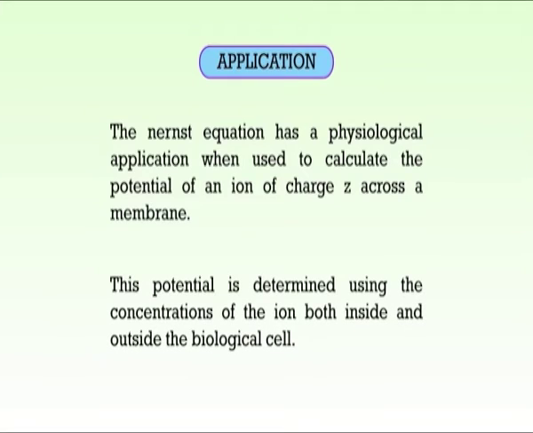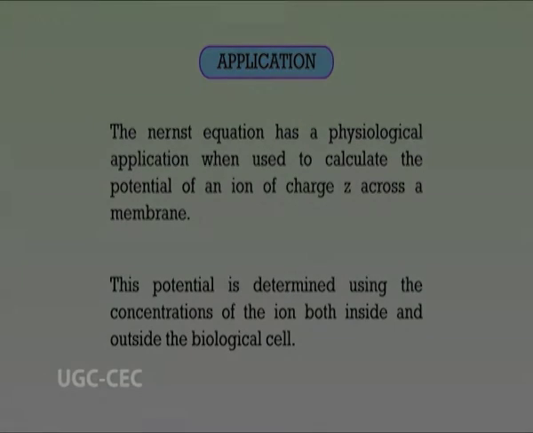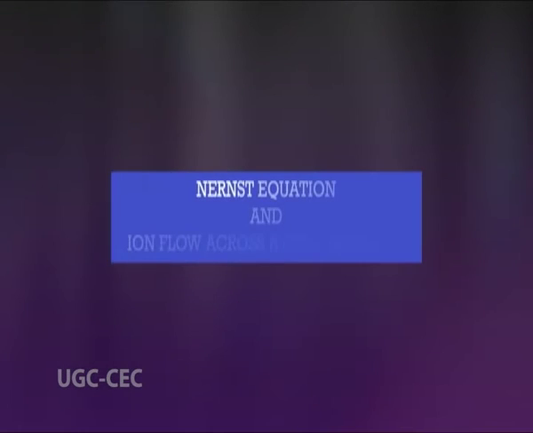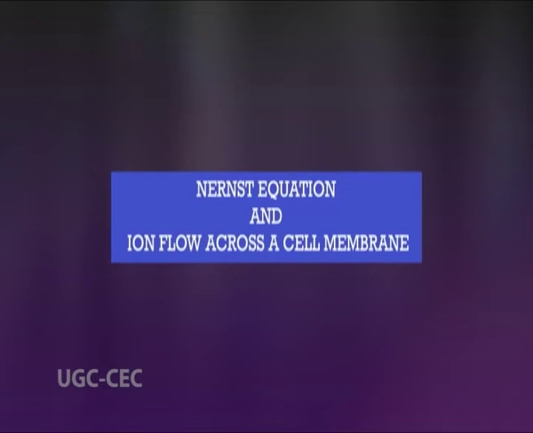This potential is determined using the concentrations of the ion both inside and outside the biological cell. The Nernst equation makes it possible to calculate the theoretical resting membrane potential of a cell membrane if the ratio of the internal and external ion concentrations is known.